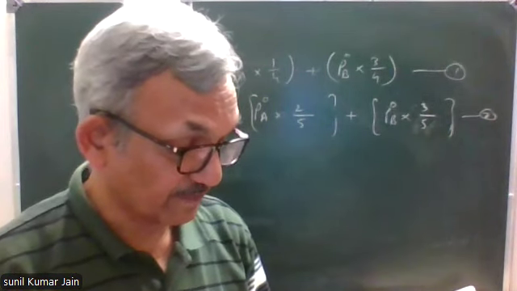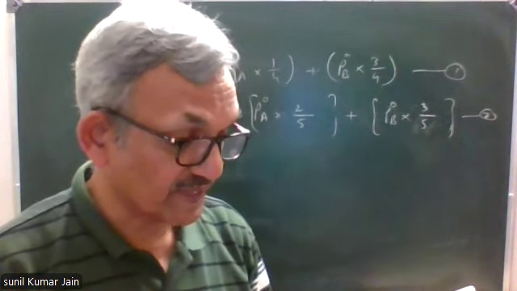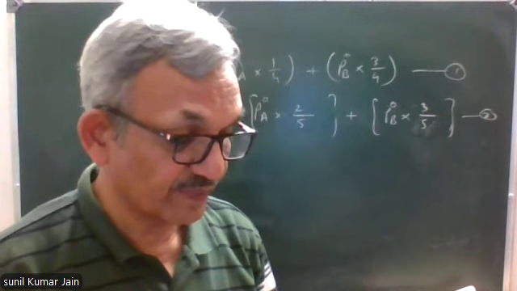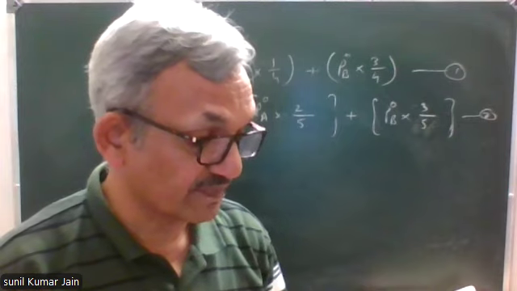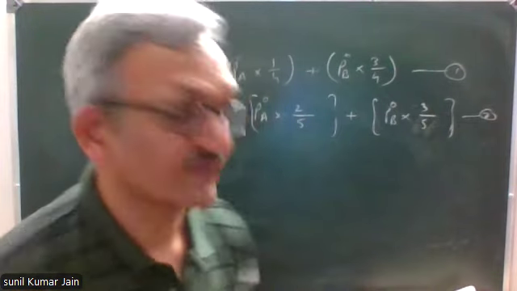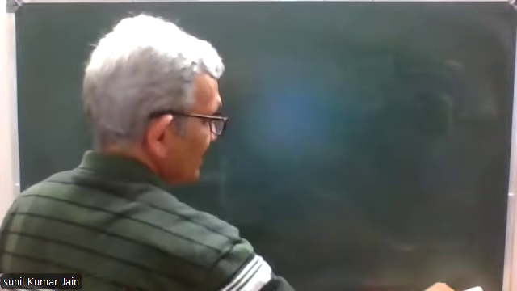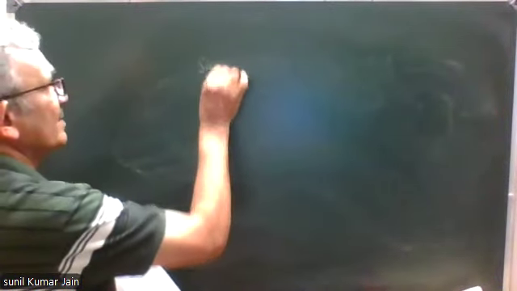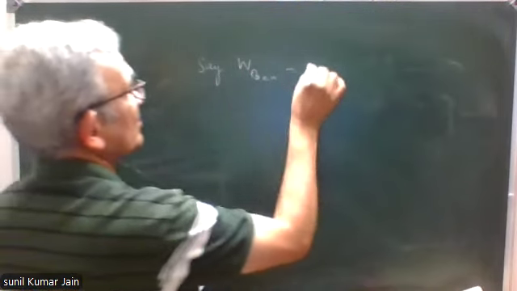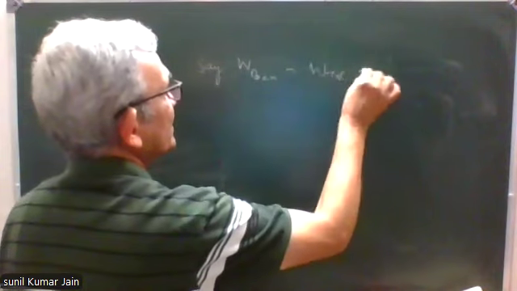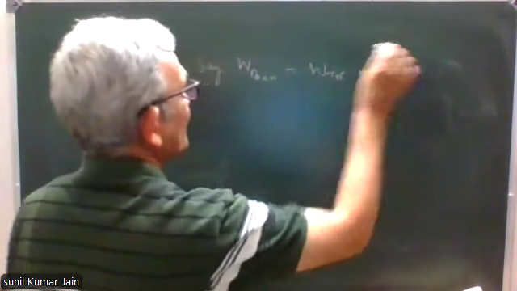Next, fifth numerical. Vapor pressures of pure benzene and toluene are 150 and 50 millimeters respectively. Calculate the vapor pressure of the solution prepared by mixing equal masses of the two. Equal masses. Let us see. Say the weight of benzene is equal to the weight of toluene is equal to X gram.